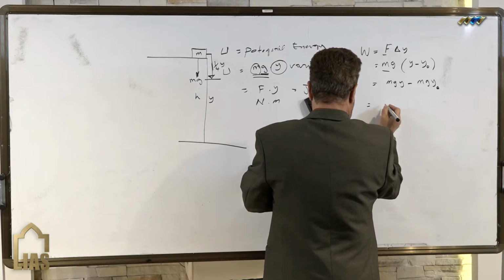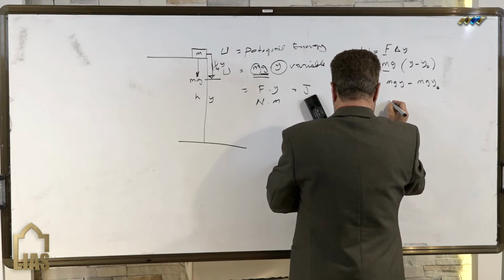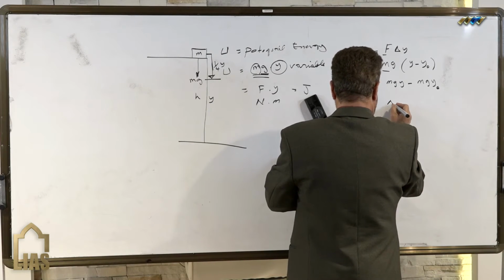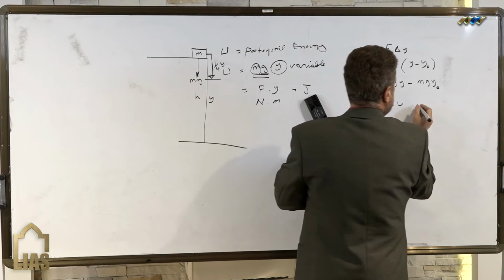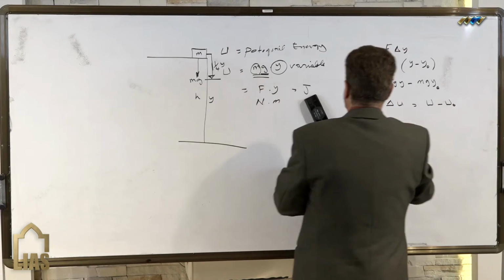And this here, work and energy, is delta U, which is U minus U0.